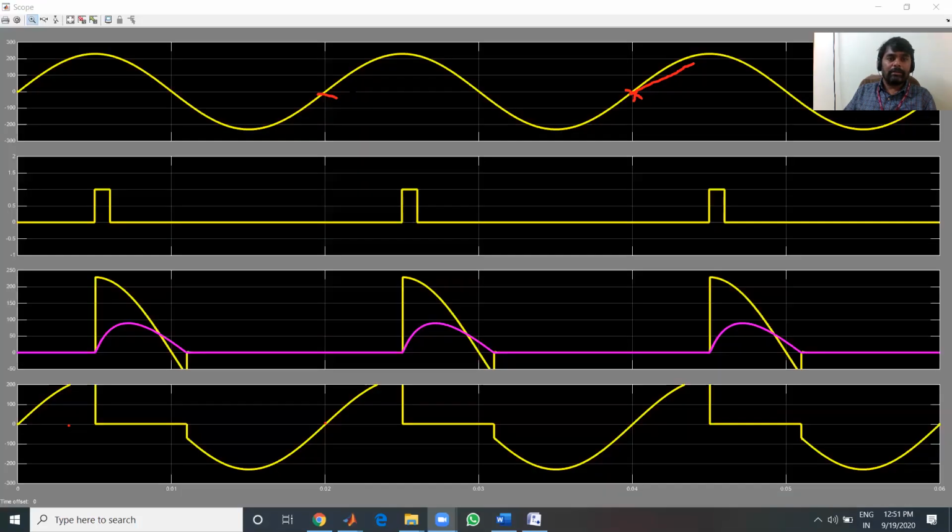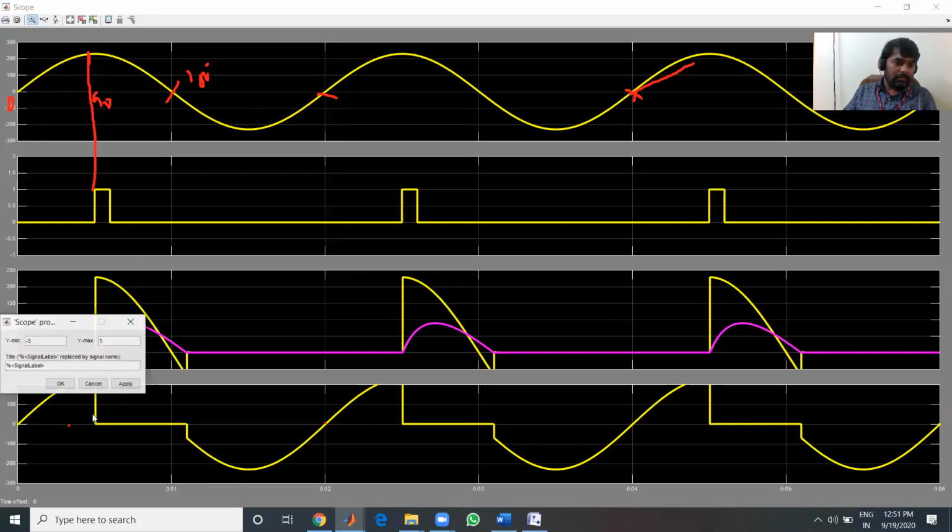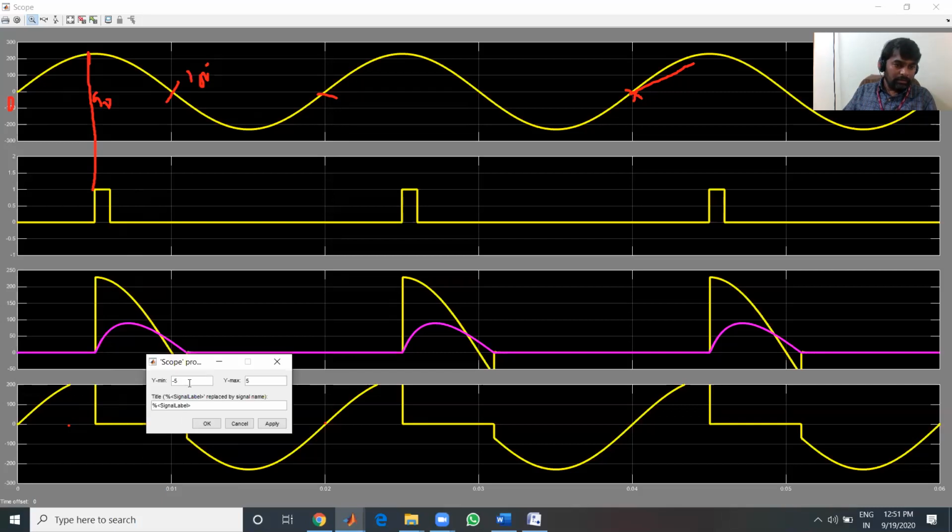Here you can see it will lie exactly at V max, which is equal to 90 degrees, because here it will be 0, 90 degrees, and here it is 180 degrees, right? So from 90 degrees onward, the output voltage follows the input voltage. Let me replace this axis, minus 200 to plus 200.